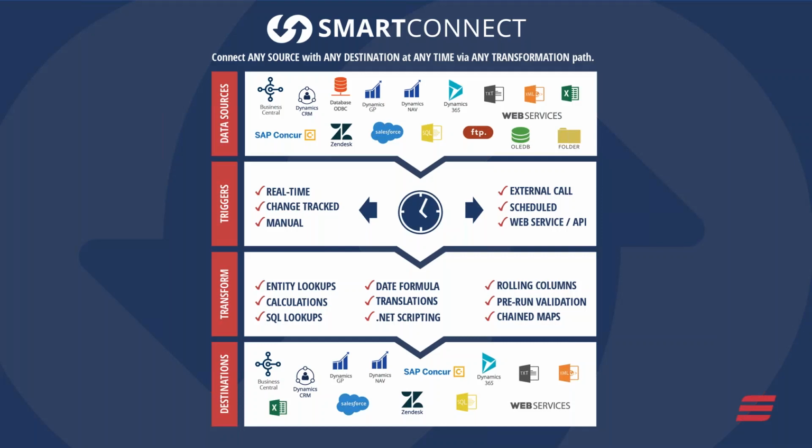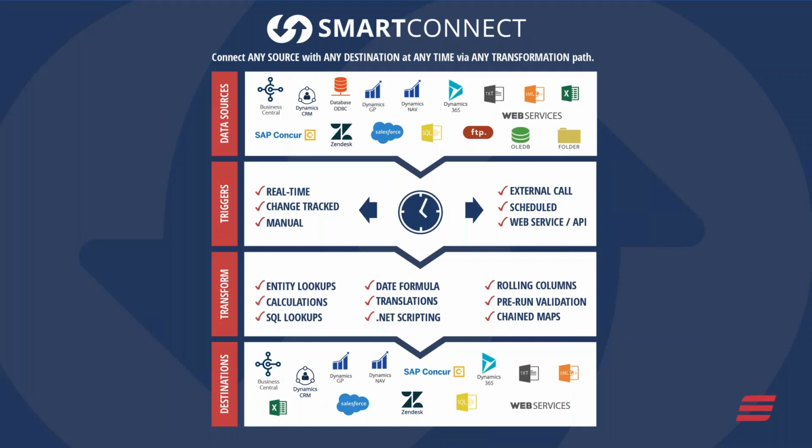Taking a look at that very top section, we're talking about some of our data sources. We've got things such as your ODBC connection, Excel, text files. We're huge in the GP space. We also work with other ERPs like NAV or Business Central, Dynamics 365. Maybe you're using CRM or Salesforce.com.